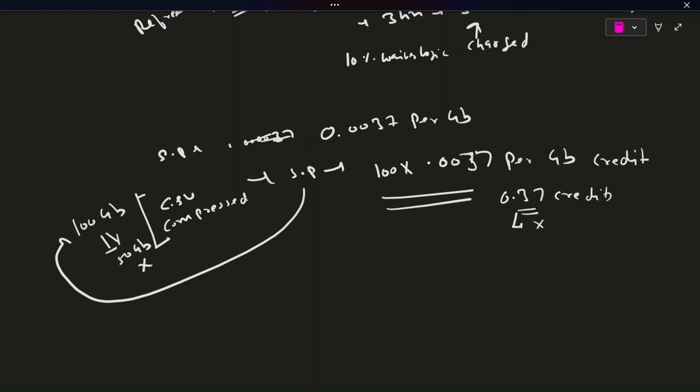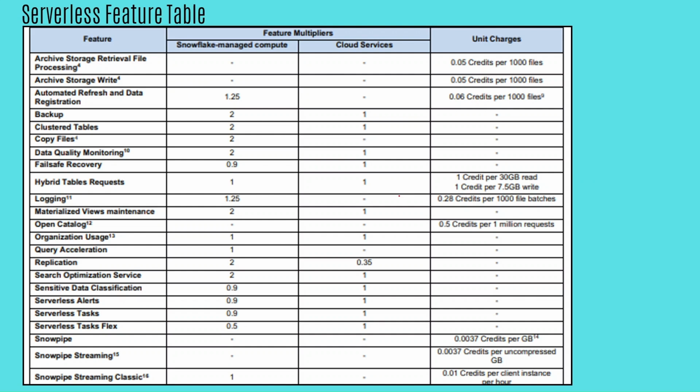This is your credit consumption. Snowpipe will also be running on some machine, not a virtual warehouse. Got it? And for that machine internally, Snowflake will charge you this credit for the data you are transferring.